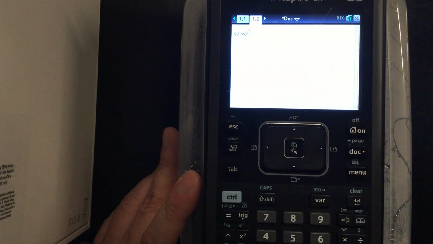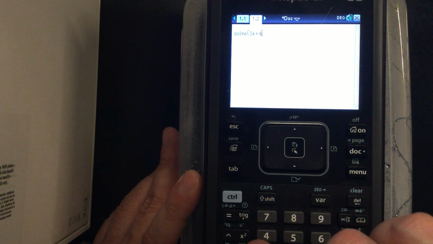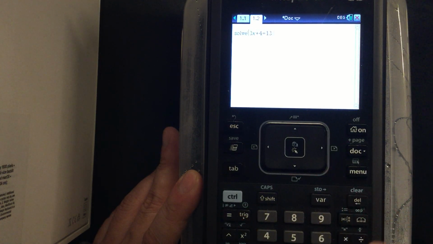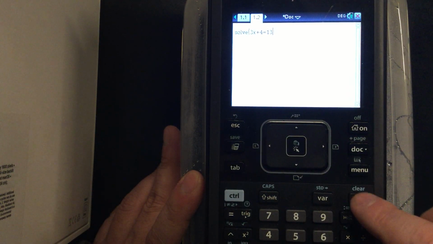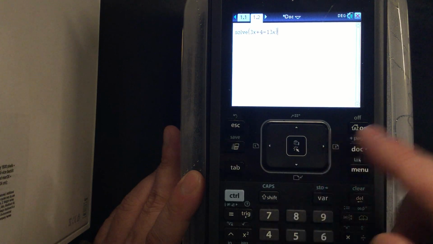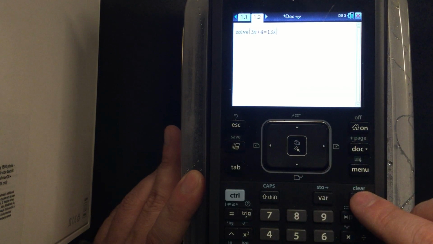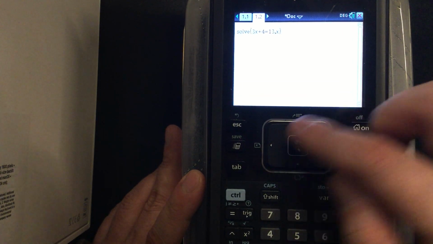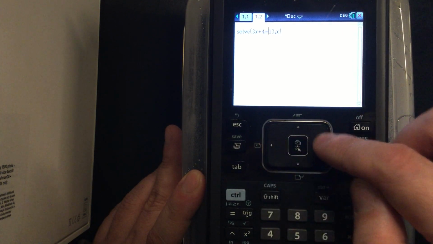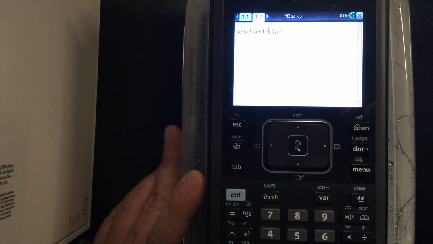So you actually solve, and you get 3x plus 4 equal to 13. That's how we've always known to do things like this. It's just that instead of an equal sign, we're not interested in at what value of x this equals 13.